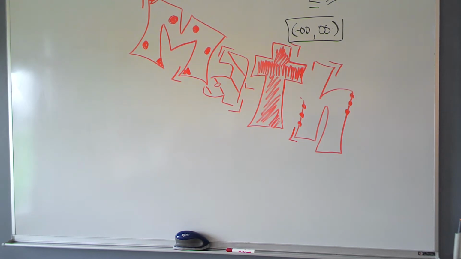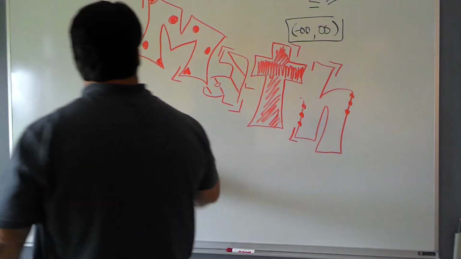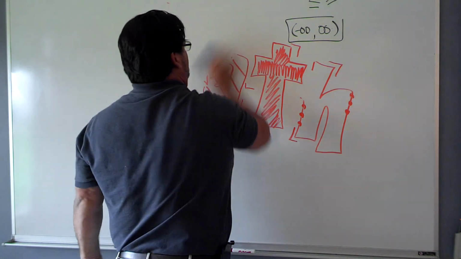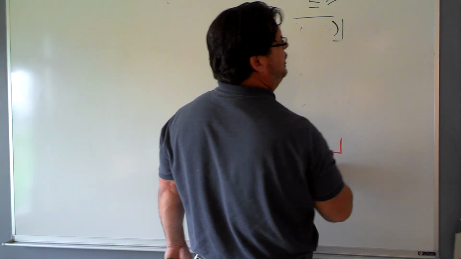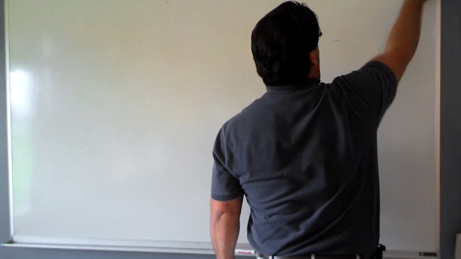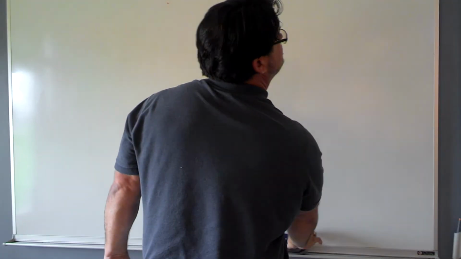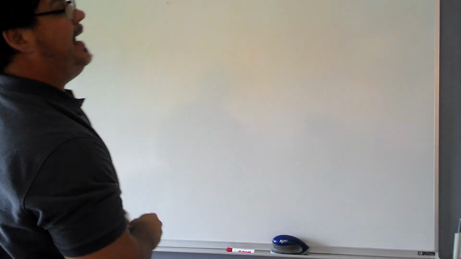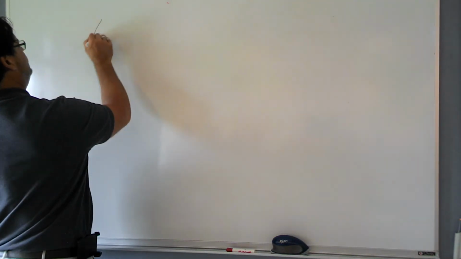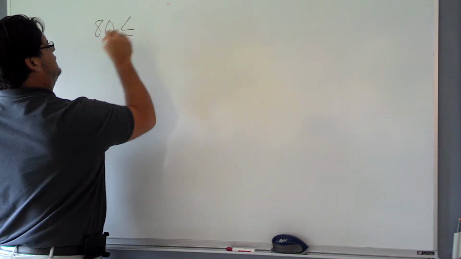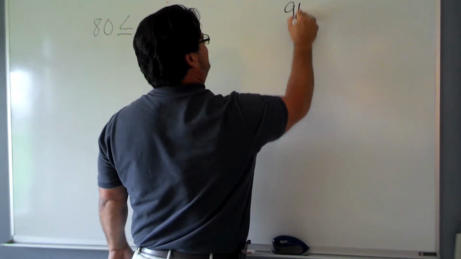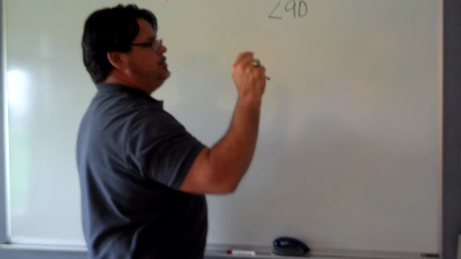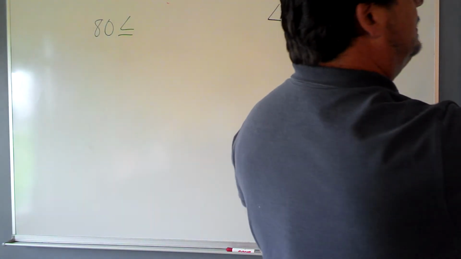Alright. This problem says a student must have an average between 80 and 90. So 80 and 90. Now, does it say equal to 90 or less than? Less than.